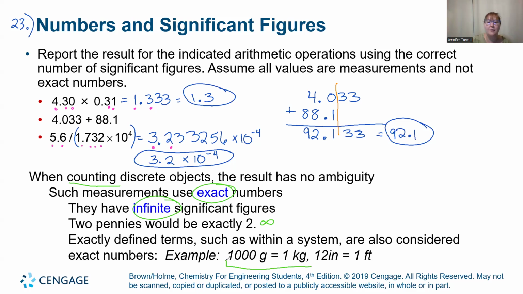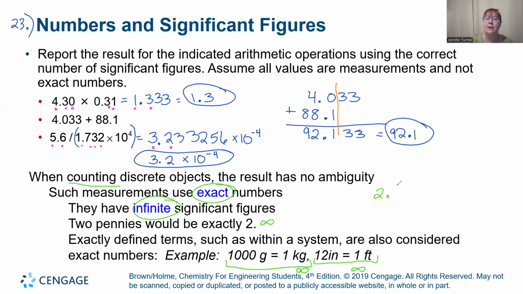For example, 1,000 grams over 1 kilogram has infinite significant figures because it's exact. 12 inches in 1 foot has infinite significant figures because it's exact.